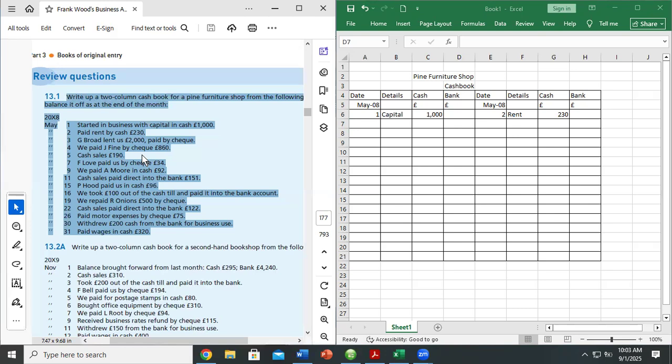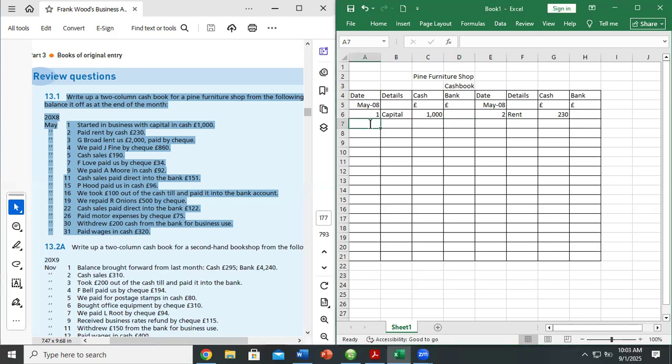We are being told that a certain Jane Broad lent, so that's like a loan. We took a loan. He lent us money, and that money came by check. If you are not careful, the word paid will confuse you that you are making a payment. But the substance of the transaction is that the business, Pine Furniture Shop, was given a loan by Jane Broad, and it came in the form of a check. Okay. So that's going to be debited.